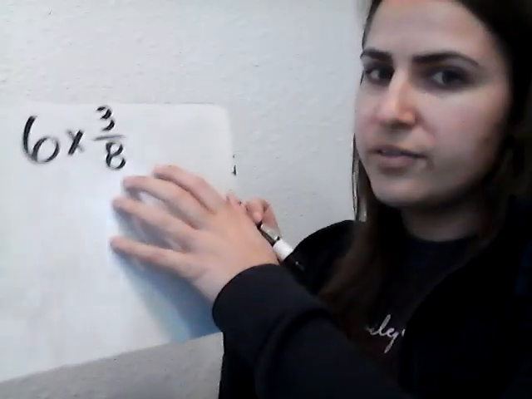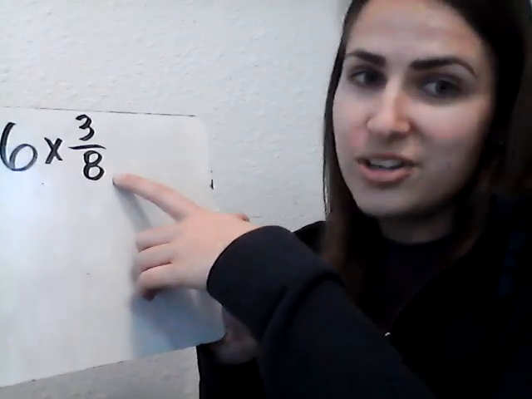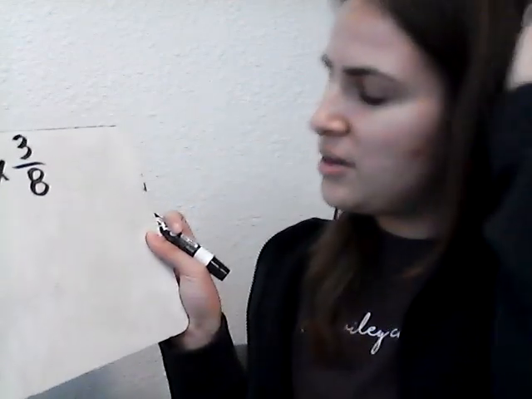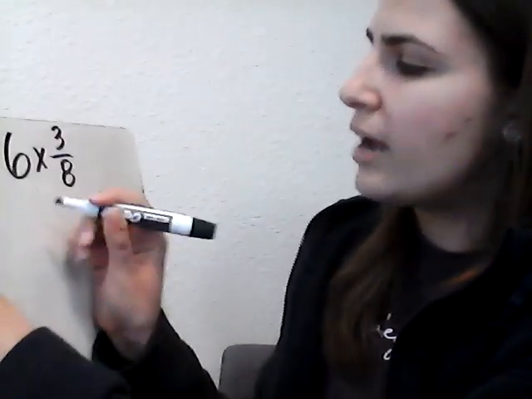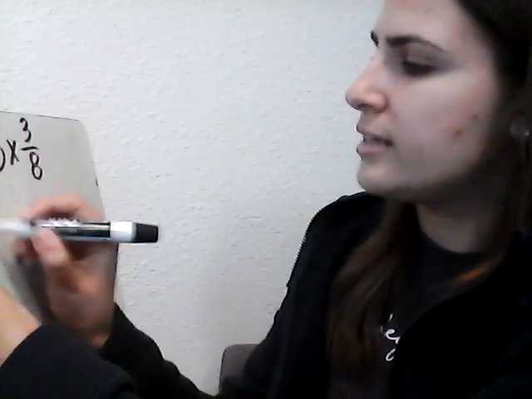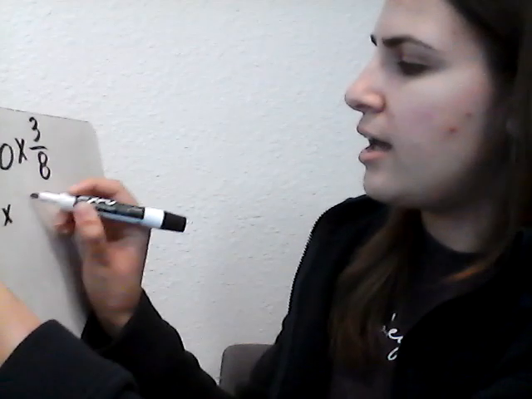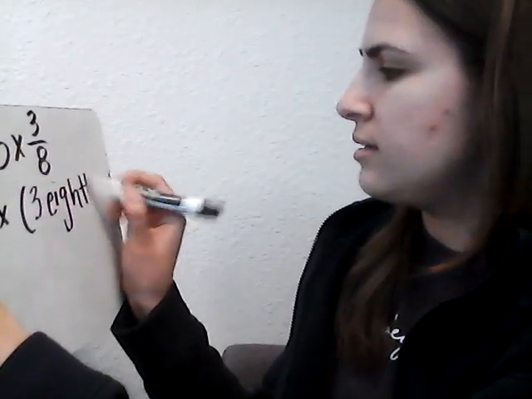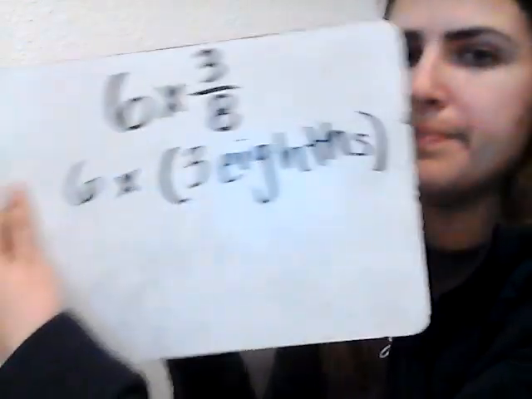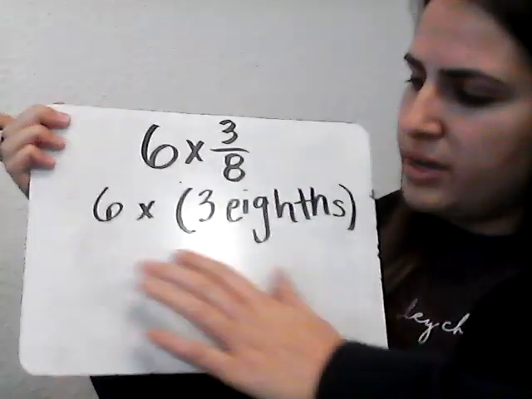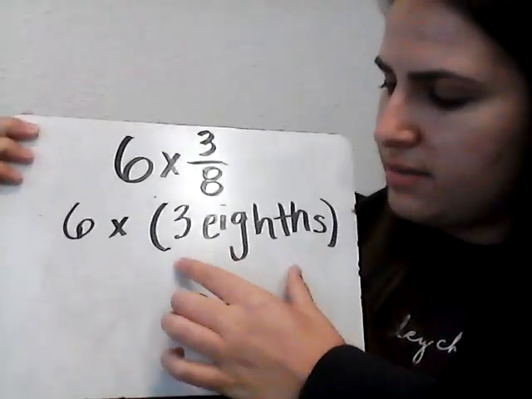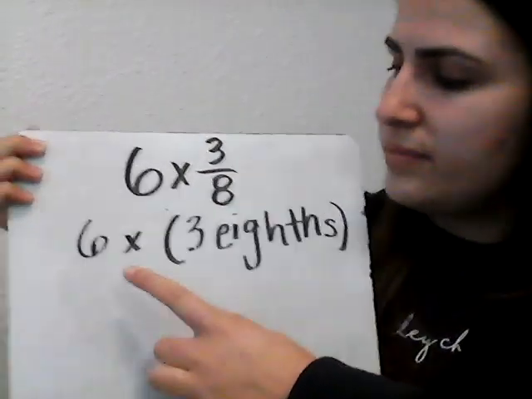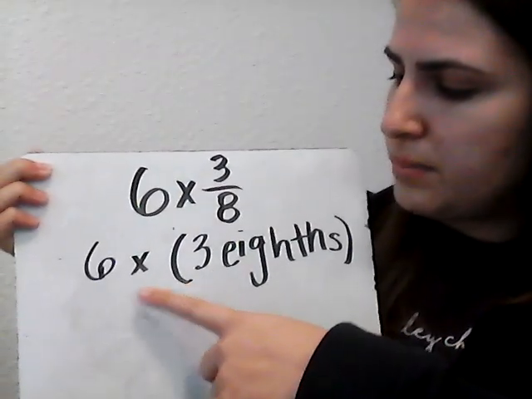To write this in unit form, we are going to think about what the units are, and our fractional unit is eighths, so that's the unit that we're going to write. So we can write this in unit form by writing 6 times (3 eighths). We just put the parentheses here to make sure that we know that this is grouped together. All right, so 6 times 3/8 written in unit form, 6 times (3 eighths).